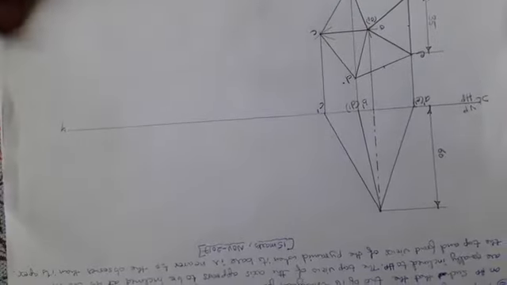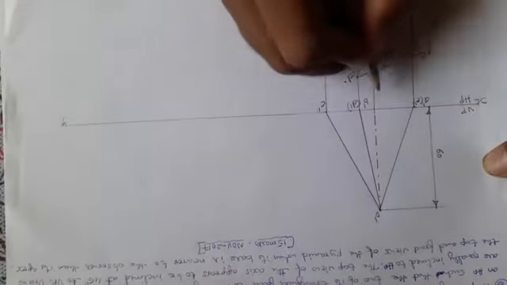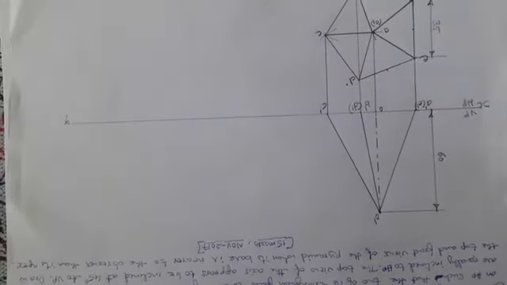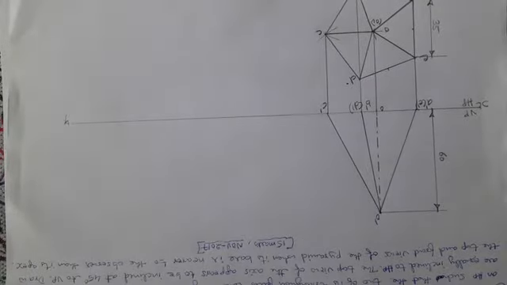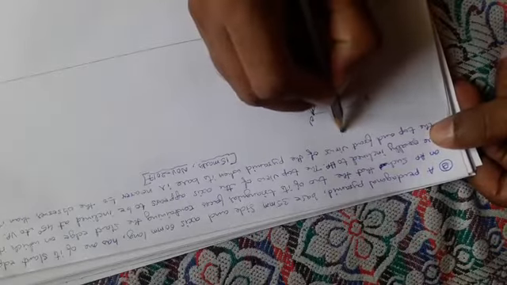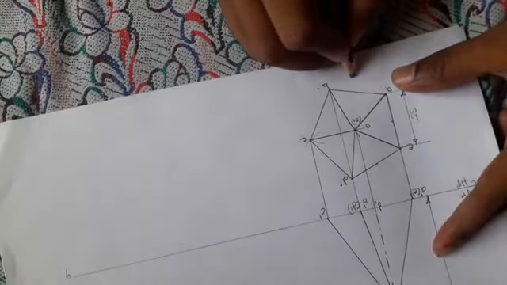This is O dash and this is O, O1 dash. So this is the front view of the first stage and this is the top view of the first stage.